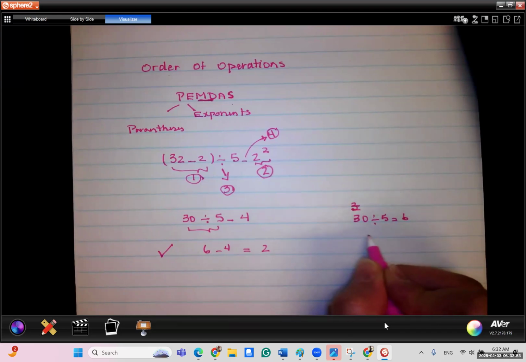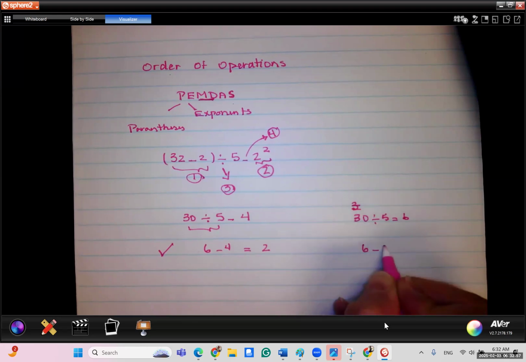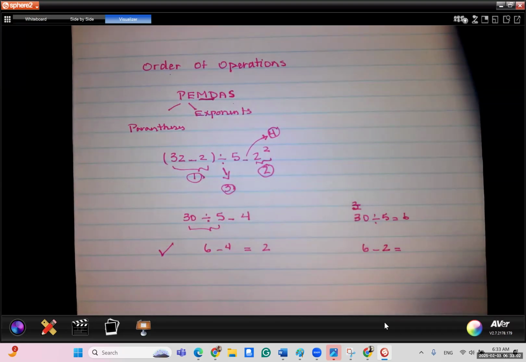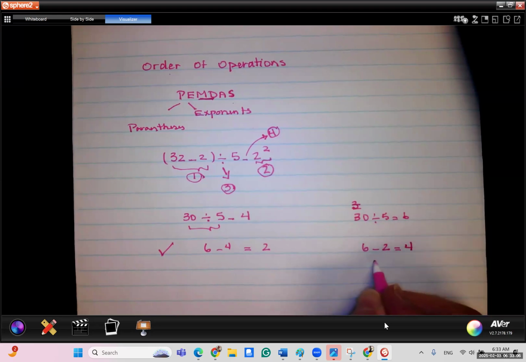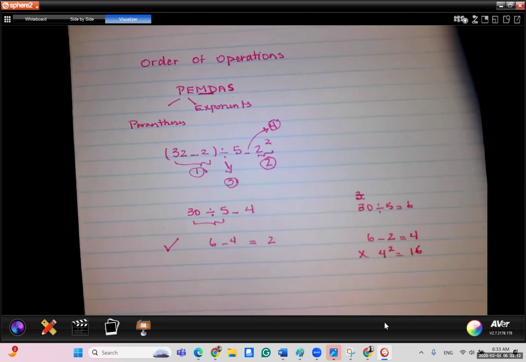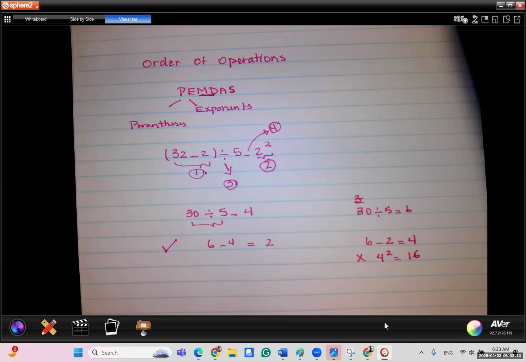But let's try to figure it out. 6 minus 2, which a lot of people do because they do the exponents last, is 4. And then 4 to the 2nd power is 16, which is the wrong answer, okay? So that's what order of operations means, basically following this in order.